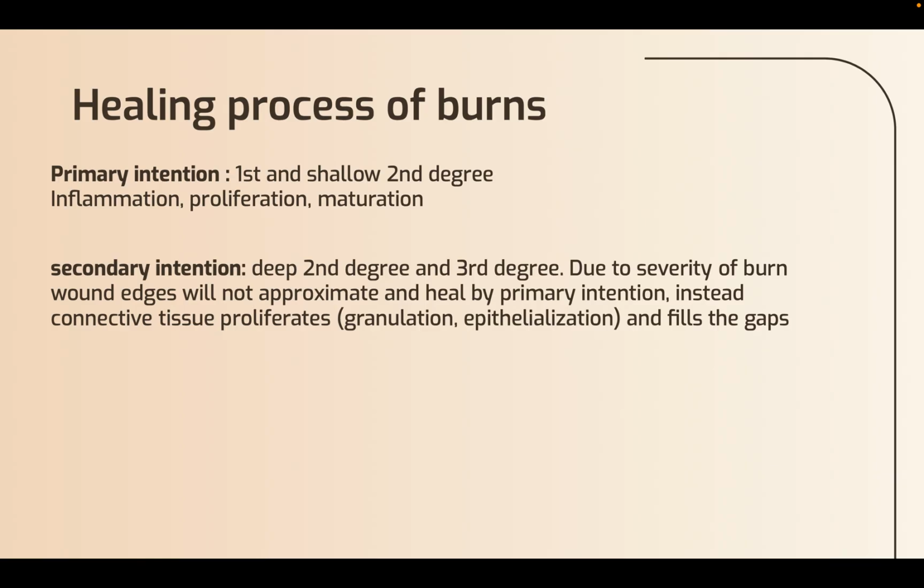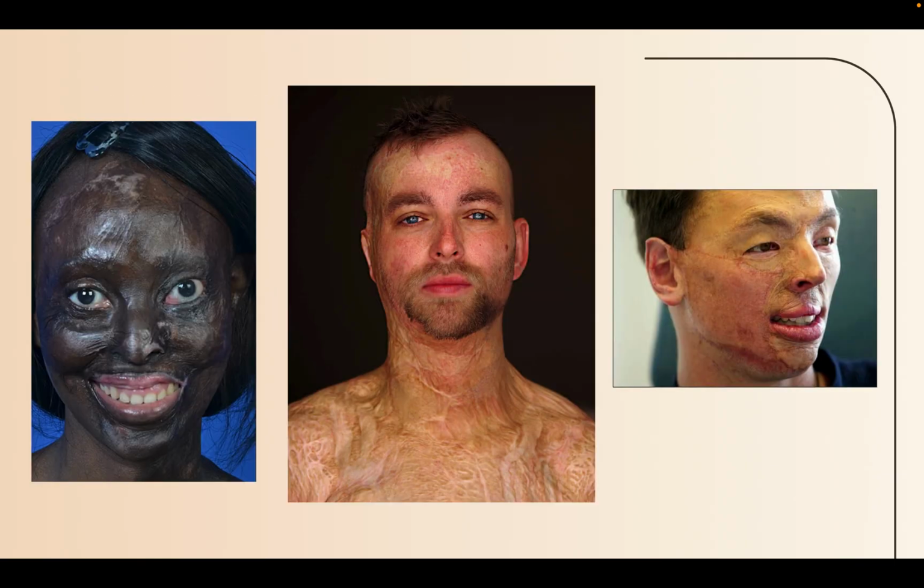So instead, connective tissue is going to proliferate and granulation occurs, and that's going to fill the gap that way. So then we'll get into some of the pictures, and you can really tell the difference of tissue type, especially if they're using a skin graft. But yeah, it's really interesting.